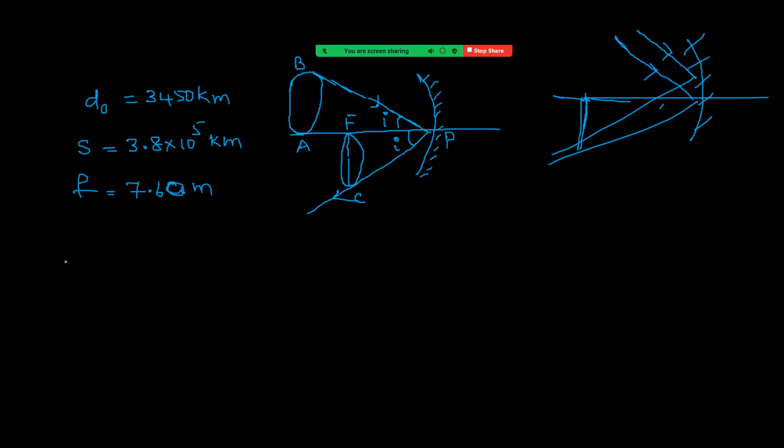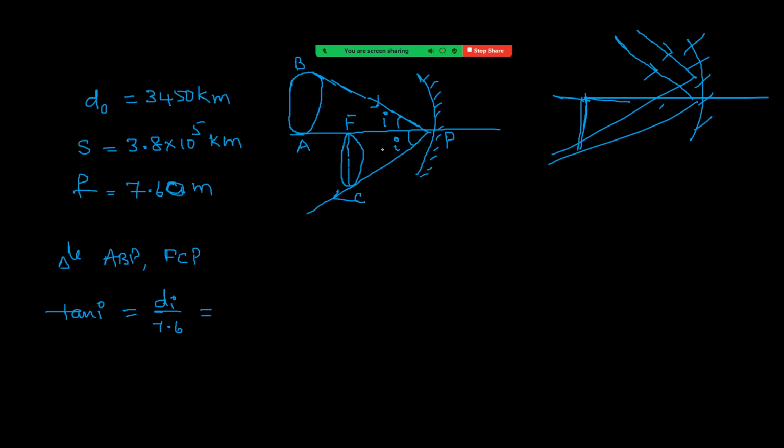Now we can see triangles ABP and FCP. From these two triangles, see what we can write. tan I equals opposite by adjacent. This is nothing but the diameter of the image upon the focal length, which is 7.6 meter.